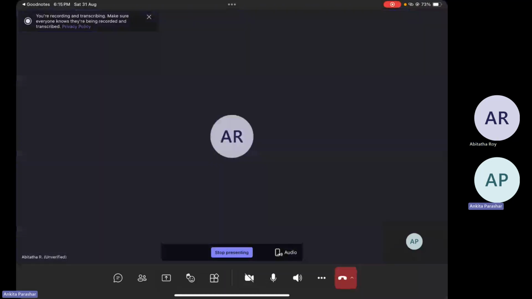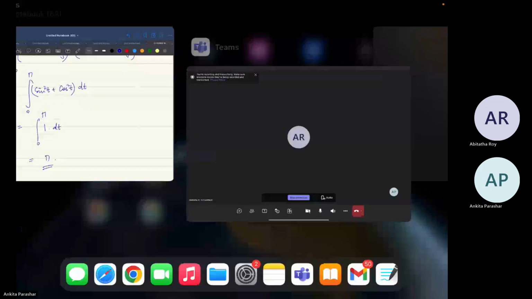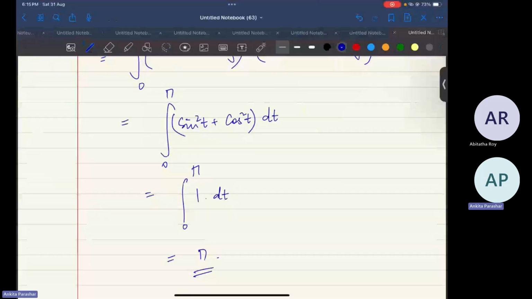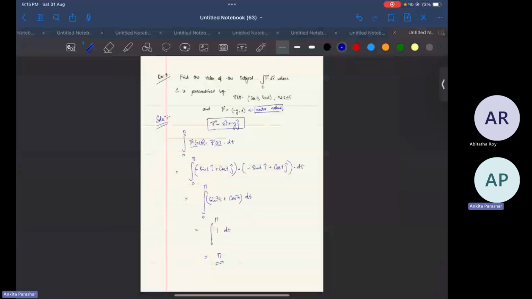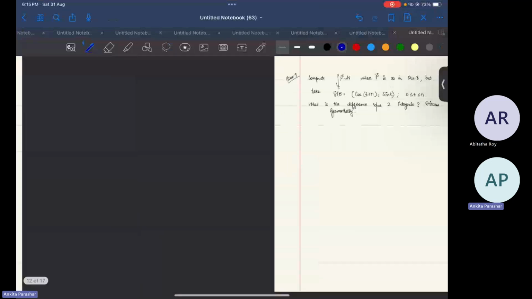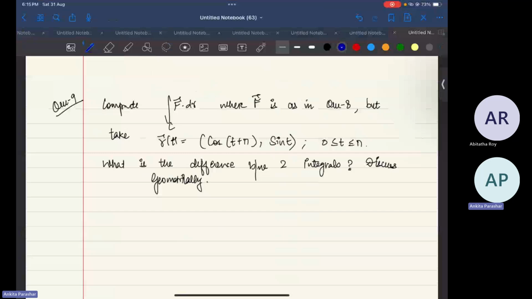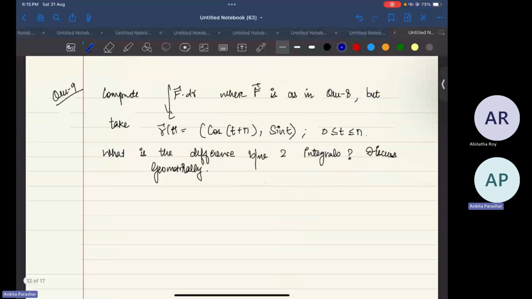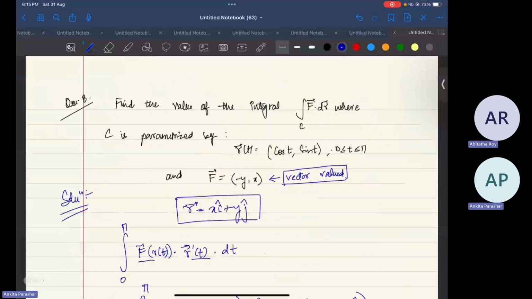Okay, so let's continue. All right, so we did this part, that this value of the integral is this. Now suppose I want to observe something here, and we want to compute the same integral, same f that we had in this question.